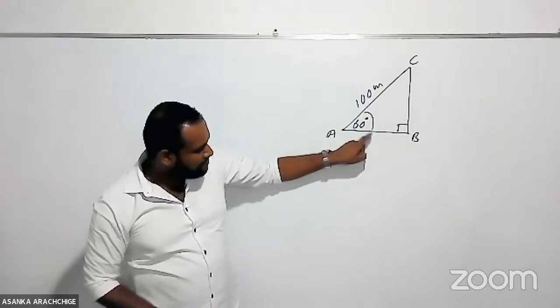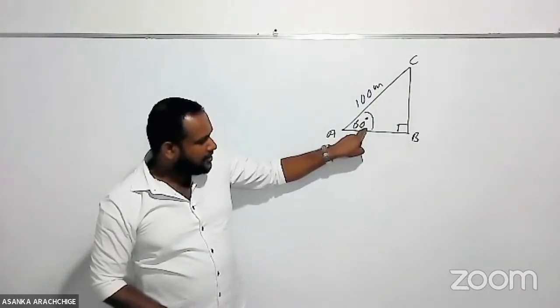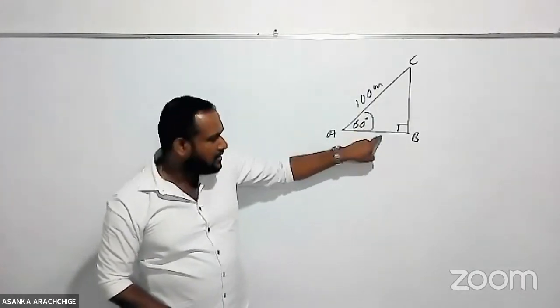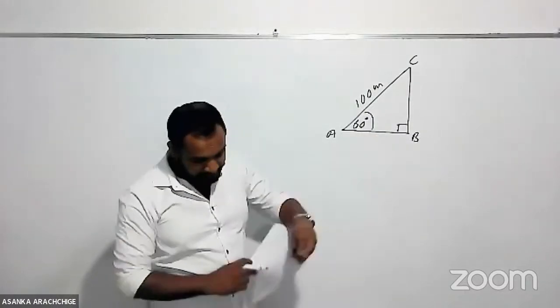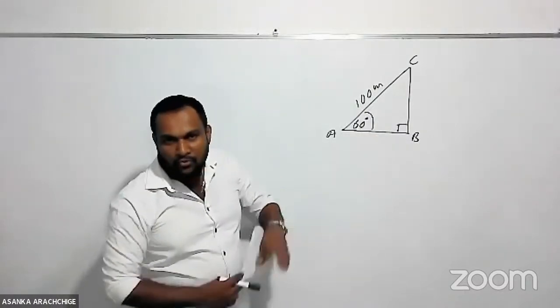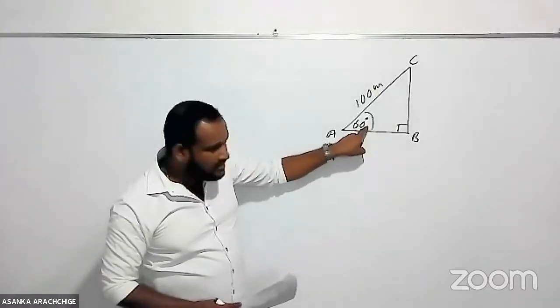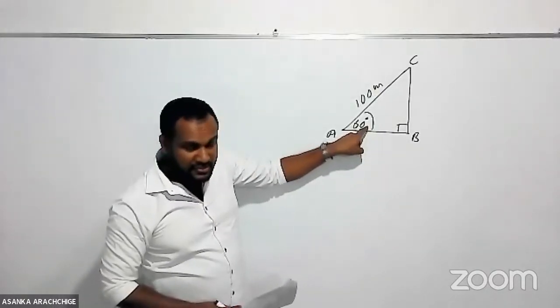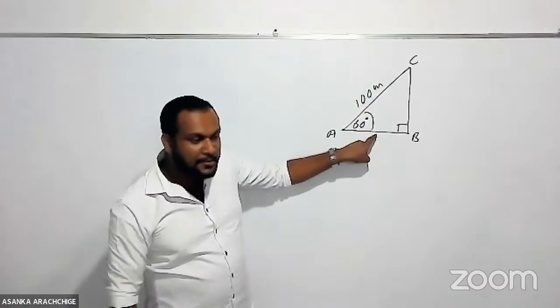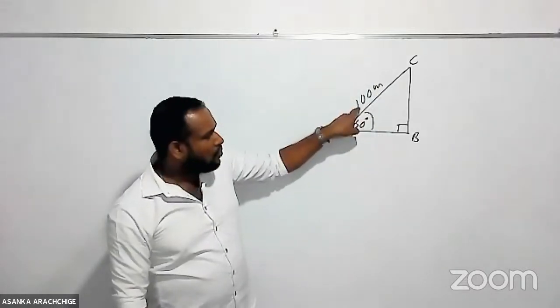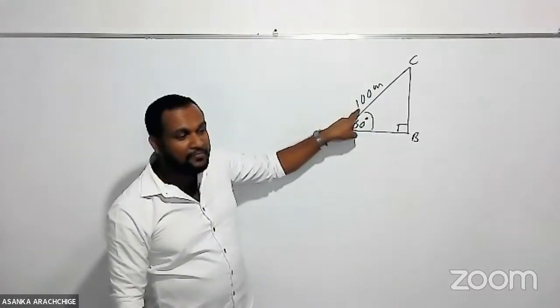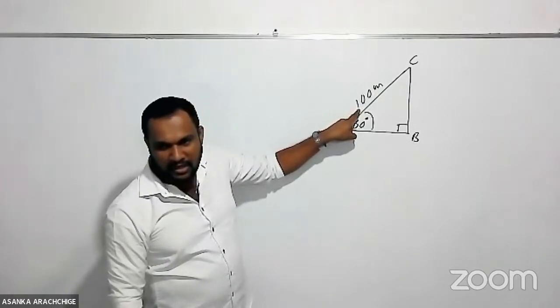Now tell me, with respect to this angle, what is this side? Adjacent side. What is this other side? Hypotenuse.